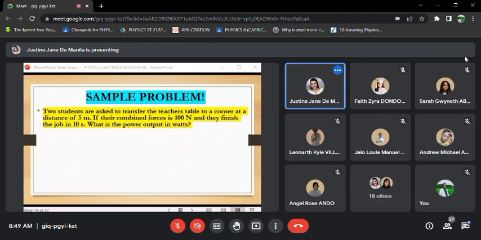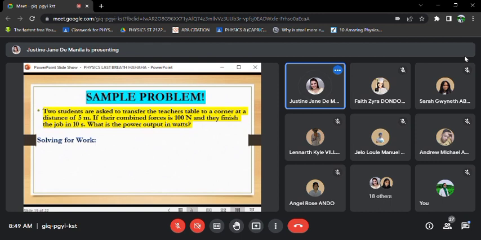Leonard. When you look at the problem, class, there is no value in joules. So we have to solve first for the work to get the value in joules.